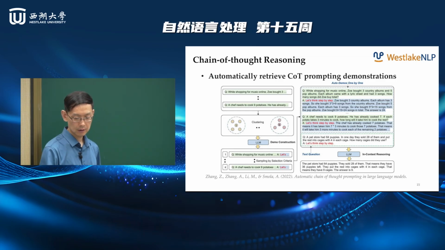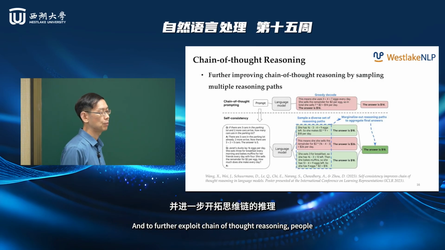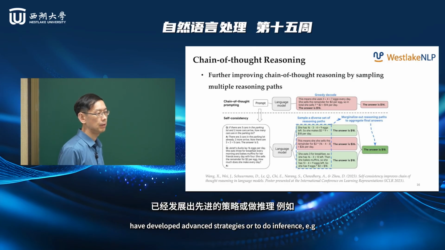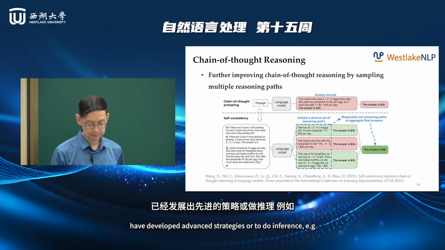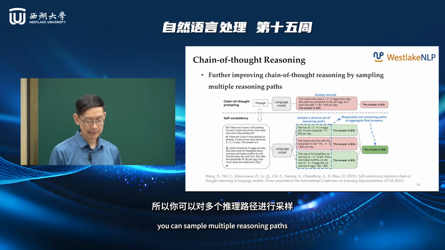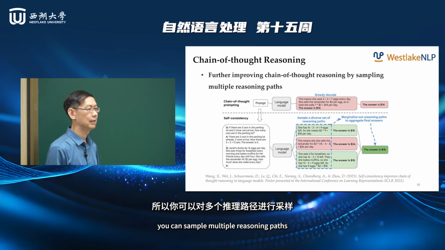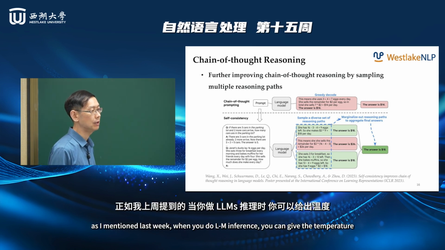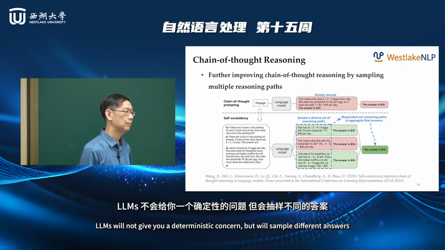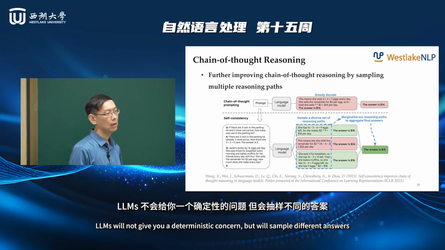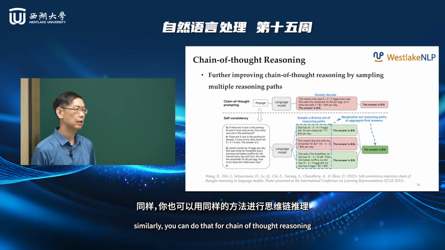And to further exploit chain of thought reasoning, people have developed advanced strategies to do inference. For example, you can sample multiple reasoning paths. As I mentioned last week, when you do LLM inference, you can give it a temperature. LLMs will not give you a deterministic answer, but will sample different answers. Similarly, you can do that for chain of thought reasoning.